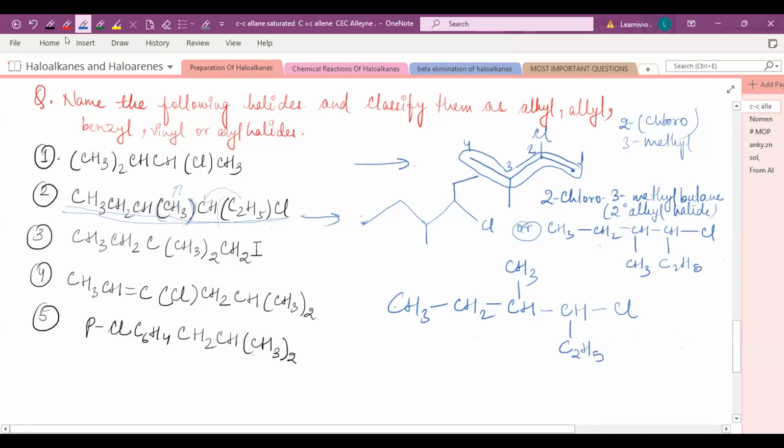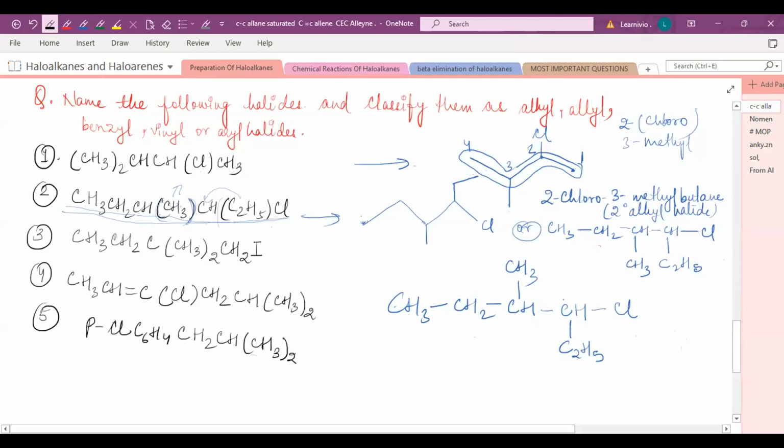Now, for the IUPAC nomenclature, always first try to find the longest carbon chain. The longest carbon chain is the parent chain. So you can see two carbons are there, right?